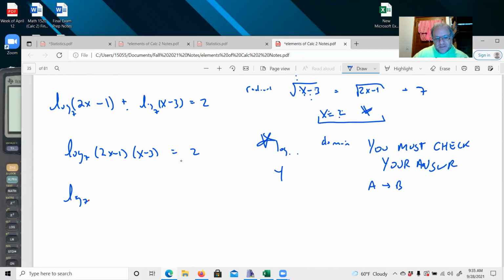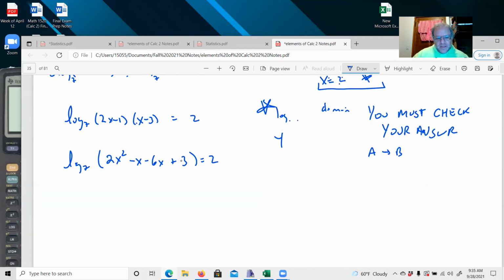This is log base 7 of 2x squared, minus x minus 6x plus 3, is equal to 2. This is 2x squared minus, you're $1 in debt, you spend $6 more, congratulations, you're $7 in debt. So log base 7 of (2x squared minus 7x plus 3) equals 2.